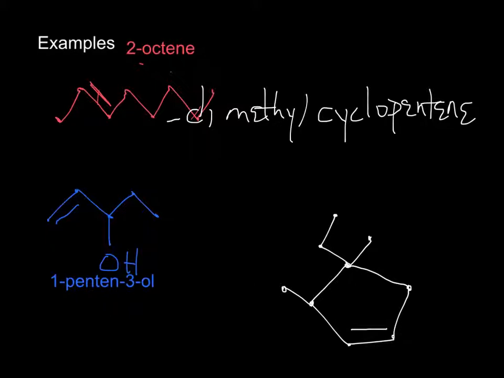And the reason being, let me write it first, and then I'll explain why. The reason being is this one, you always have to have the double bond between carbons number 1 and 2. So if we go 1, 2, 3, 4, 5, it'd be on 4 and 5, it'd be too high. Whereas if we say that this is carbon number 1, it's 1, 2, 3, and 4.